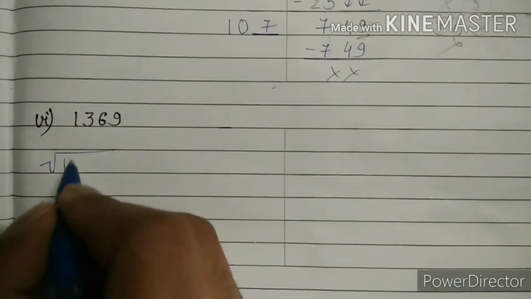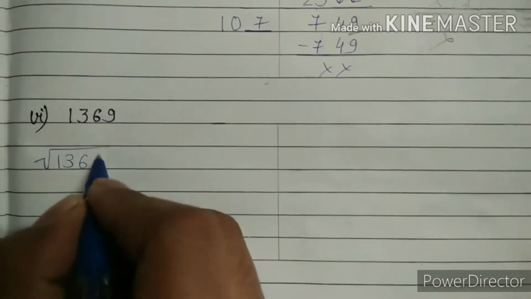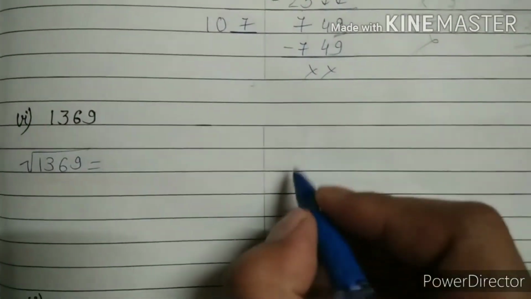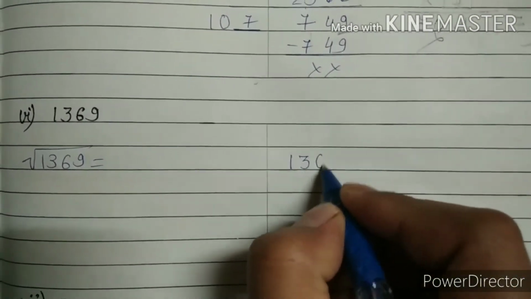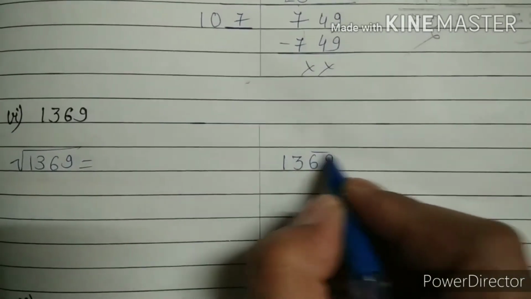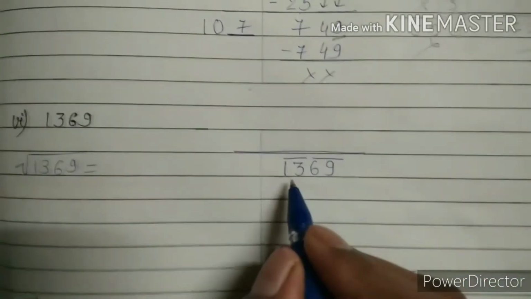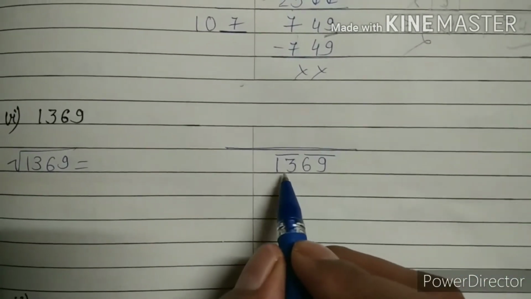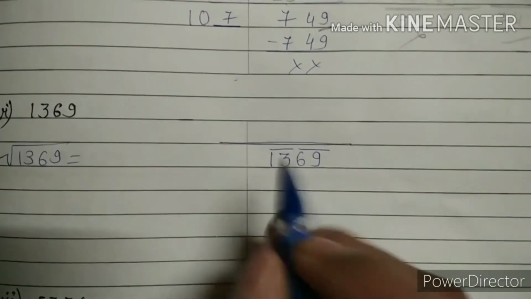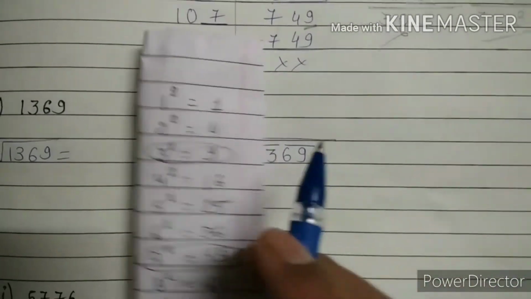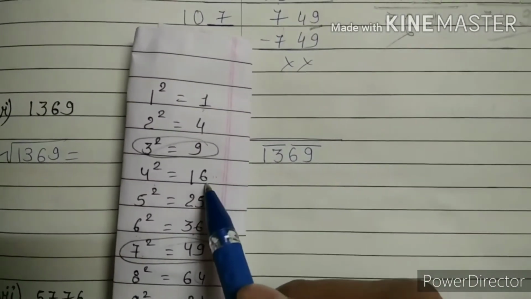Now the sixth is, we have to find the square root of 1369. So 1369 will come here in the long division method. Firstly, we will do the pairing. Now we want a number whose square is less than or equal to 13. Less than or equal to 13 is only 9, because 16 is greater.